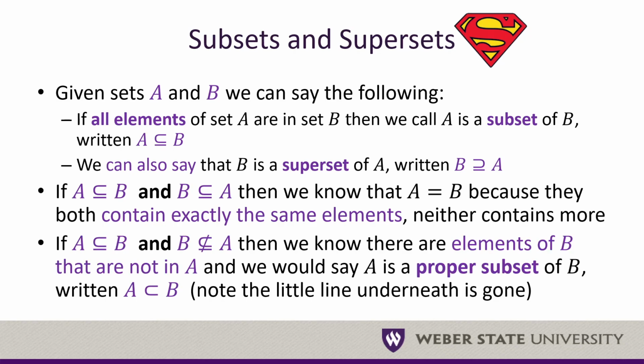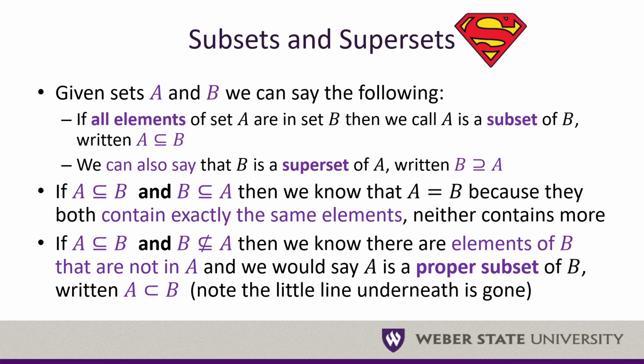If, however, we had a case where A was a subset of B and B was not a subset of A, then we know that there are some things in B that are not in A. And what we would then say is that B is a superset of A, or A is a proper subset.